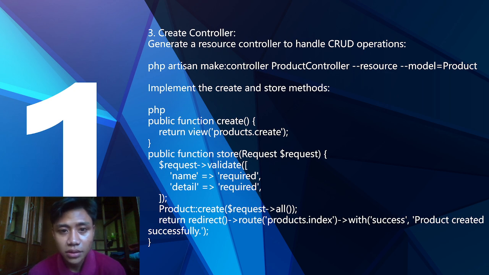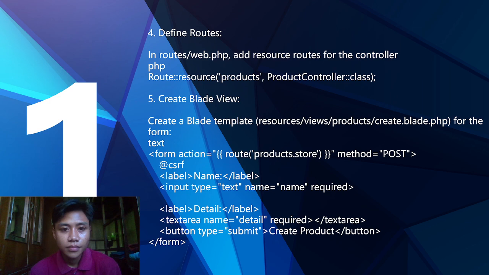Generate a resource controller to handle CRUD operations. 4 is define routes in routes web.php. Add resource routes for the controller. 5 is create Blade view. Create a Blade template.